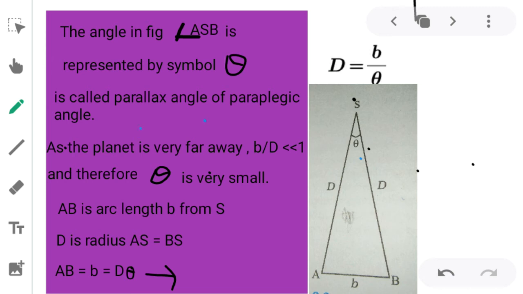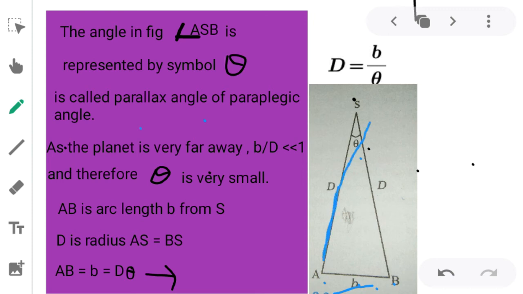As the planet is very far away, the basis, or the base, AB distance small b, is much smaller than D.